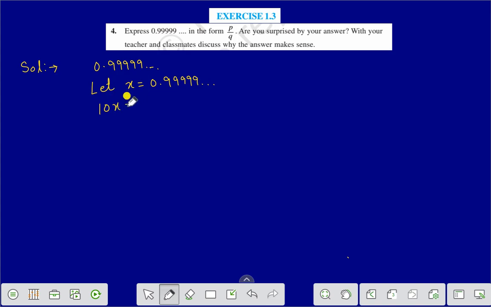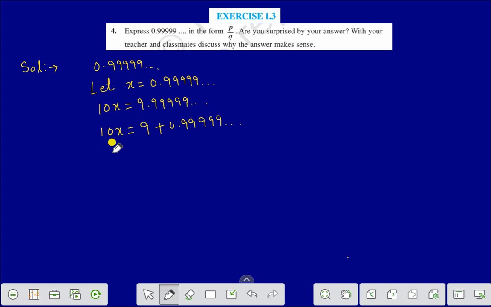10x is equal to 9.99999, or it can be written as 10x is equal to 9 plus 0.99999.